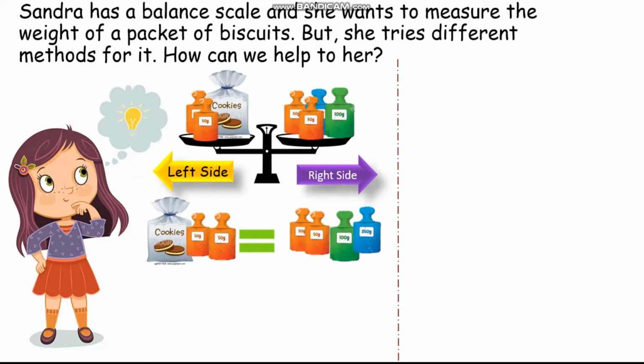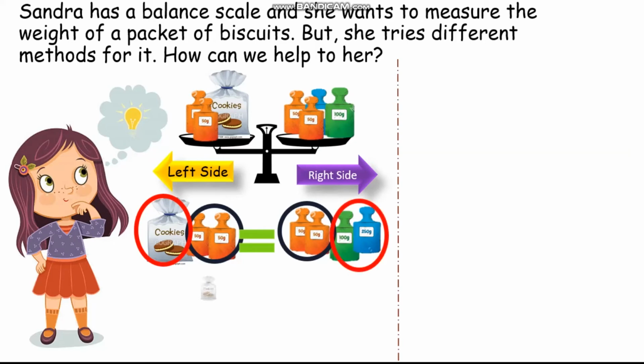So, what do you see? Yes, as in the first one, we can see that these 250 grams and these 250 grams are equal to each other and they are the same. So we can cancel out these ones. So what remains? Yes, a packet of cookies on the left side and some weights on the right side.